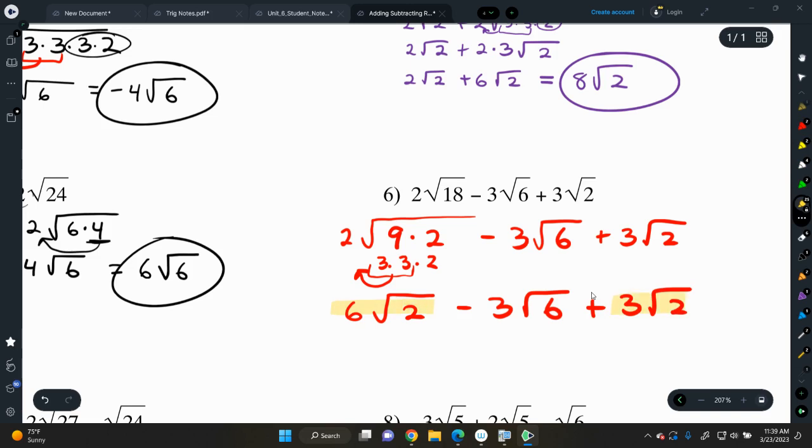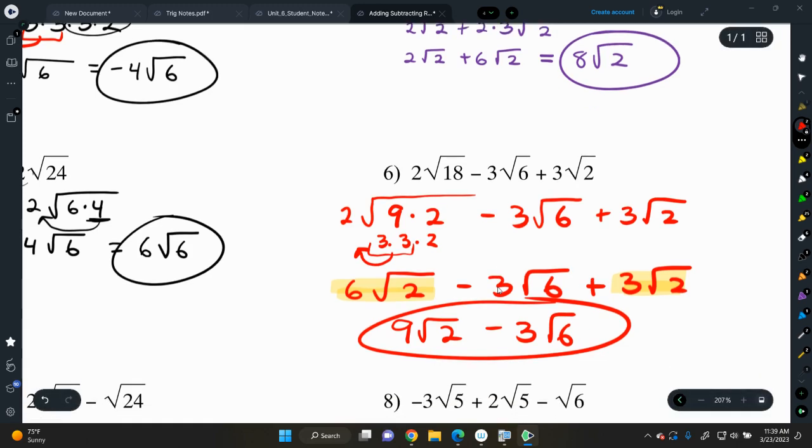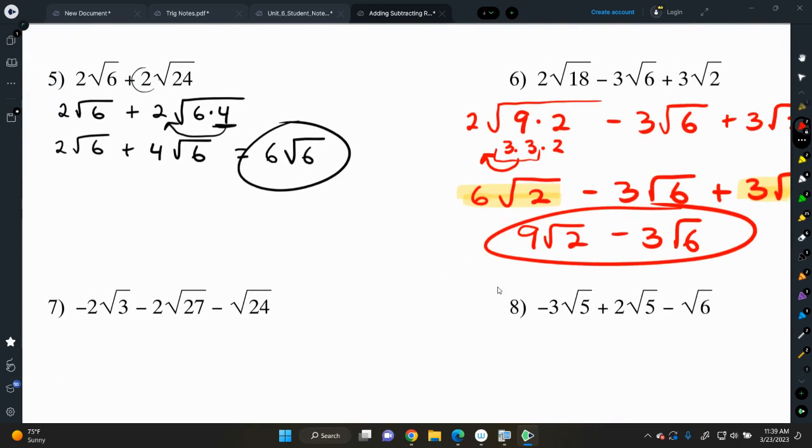Yeah, these are like terms. The radical has to be the same. So if I have 6 of those root 2's and I'm adding 3 of the root 2's, how many root 2's do I have? 9 root 2's. This stays the same. I can't do anything with that. So that's our answer like that. Okay? Because there's no like terms for that. All right, everybody okay? All right.